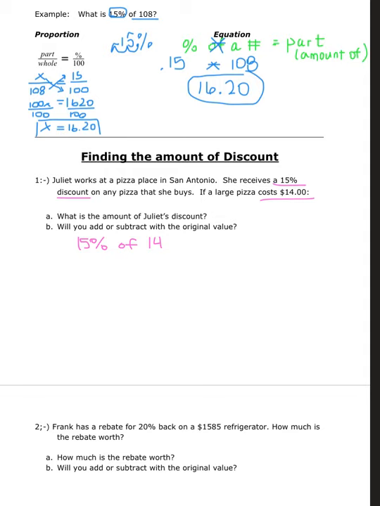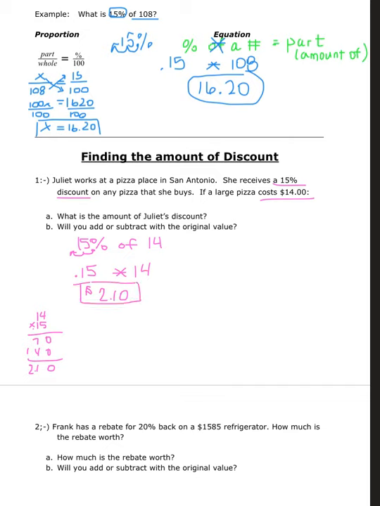I don't need the 0.00, you can put it, but sometimes those zeros mess things up. So again, the percent needs to be in decimal form, so if my decimal's at the end, move it 2 places to the left. That would give me 0.15 of turns into a multiplication, and 14. So I would multiply 0.15 times 14. I end up with $2.10 as her amount of discount.